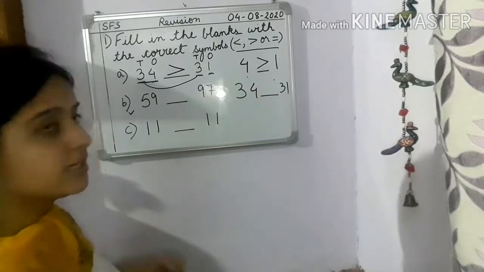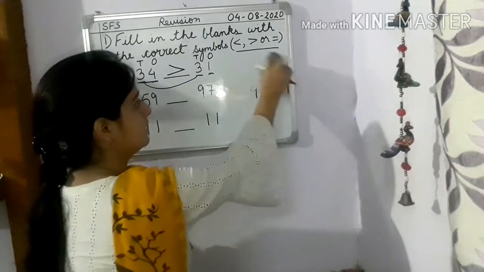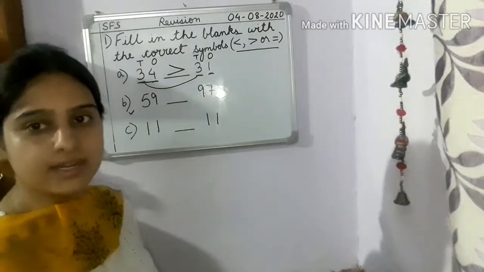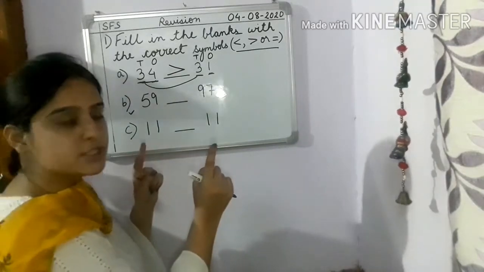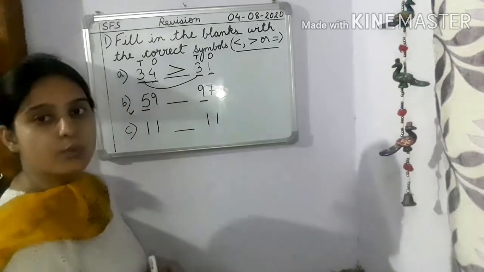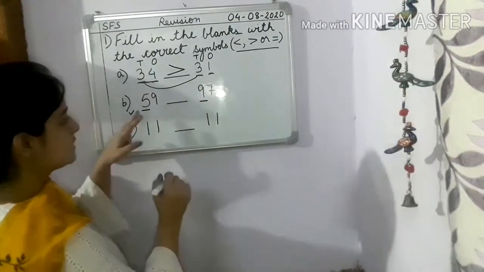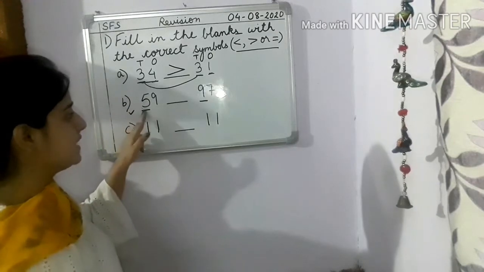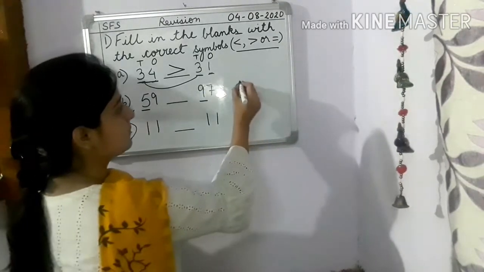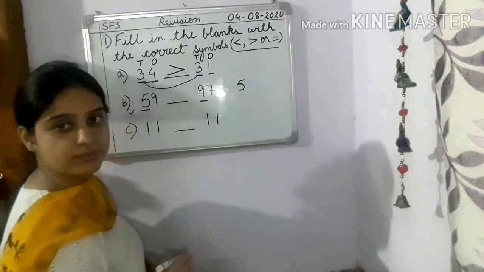59-37. So children, here we have to compare 59 and 37. So first we'll compare which places? We'll compare tens place. In my left side, children, in tens place, what is the number? 5.